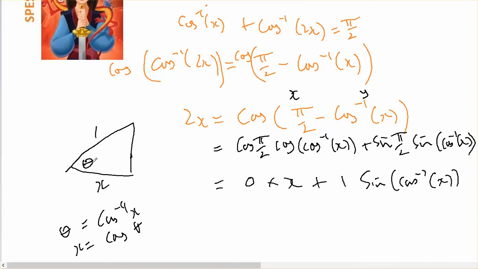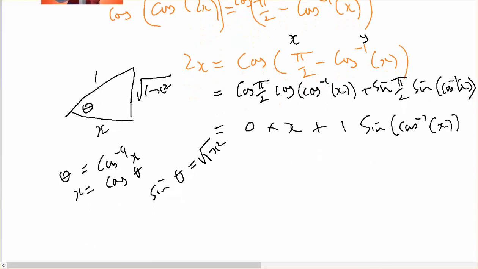So the cos of theta is x, which means that theta, the angle, is the inverse cosine of x. So using Pythagoras' theorem, this is the square root of 1 minus x squared. So therefore the sine of theta will equal the square root of 1 minus x squared, which means that the sine of the inverse cosine of x is equal to the square root of 1 minus x squared.